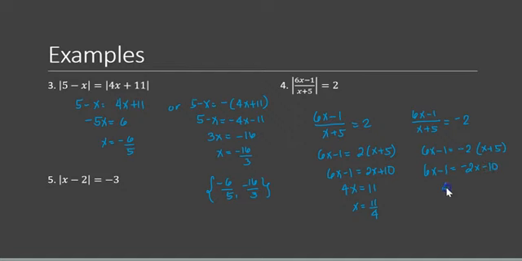Transpose, so again, we have 6 plus 2, that's 8x. And if you have negative 1 transposed to the right side, that's positive 1. So that's negative 9. So your x is negative 9 over 8. So our solution set is negative 9 over 8 and 11 over 4.